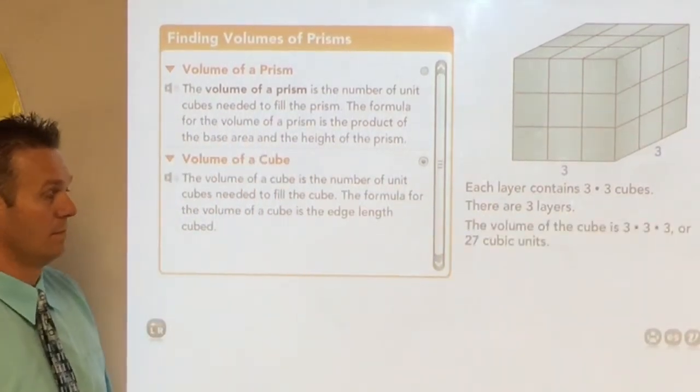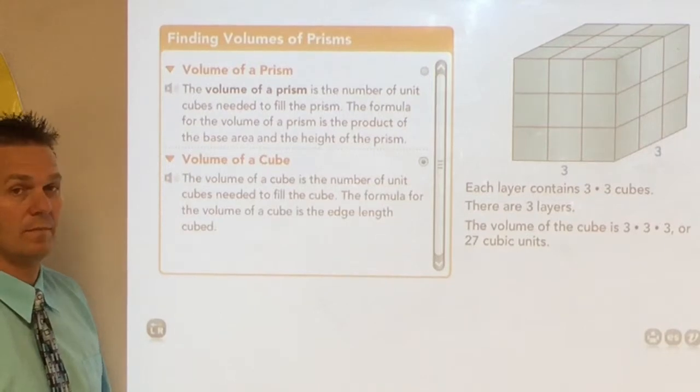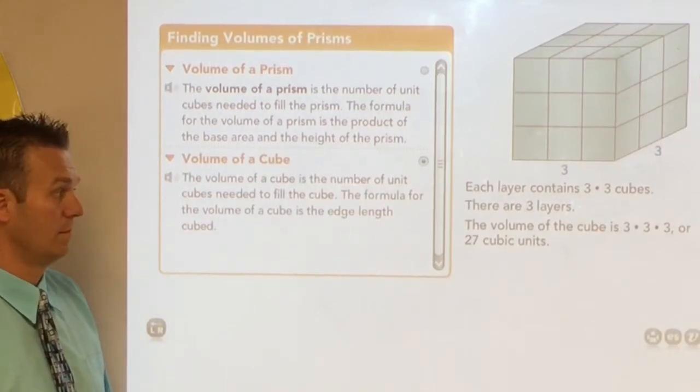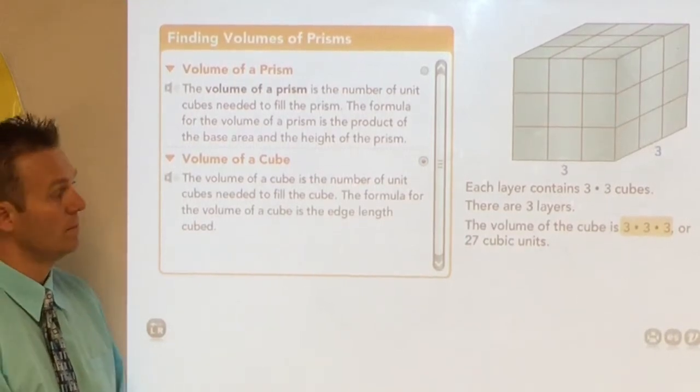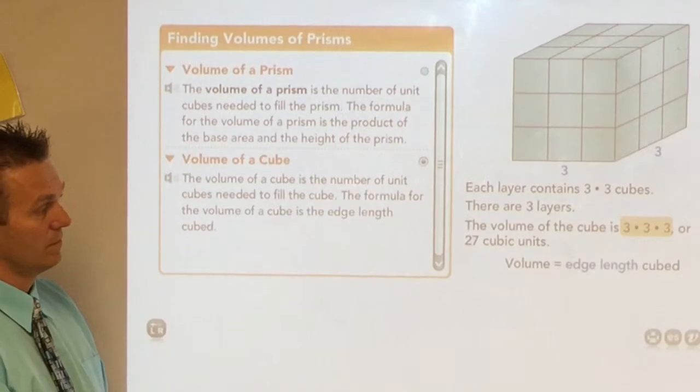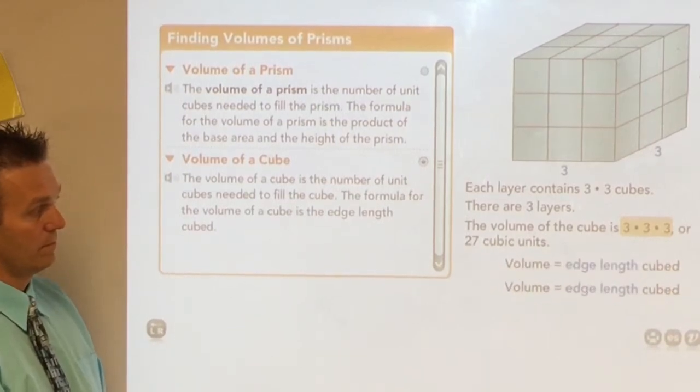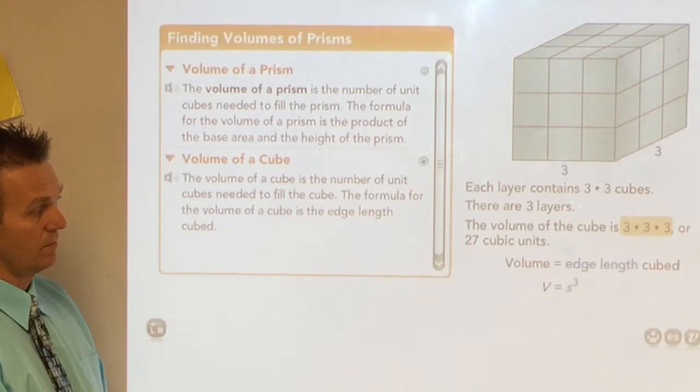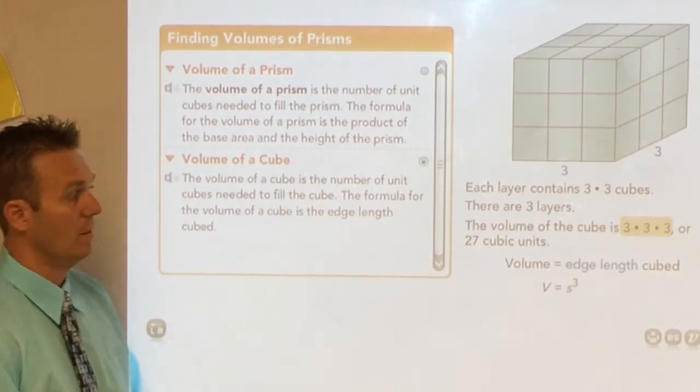So the volume of the cube is 3 times 3 times 3, or 27 cubic units. Notice that the volume of the cube is simply the edge length cubed. So the formula for the volume of the cube is V equals S cubed.